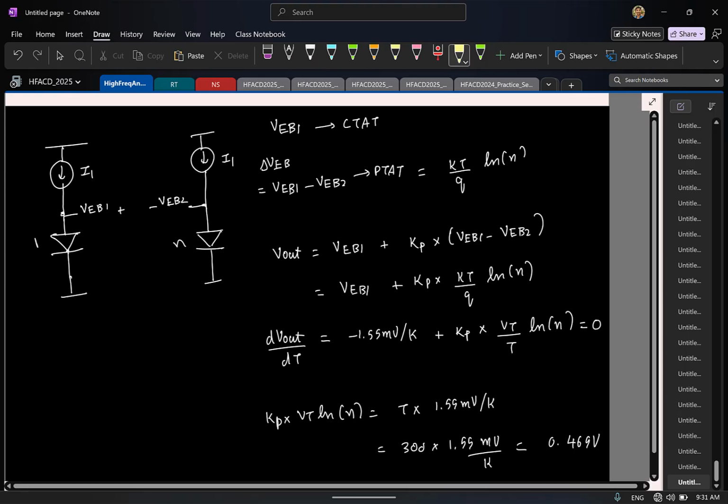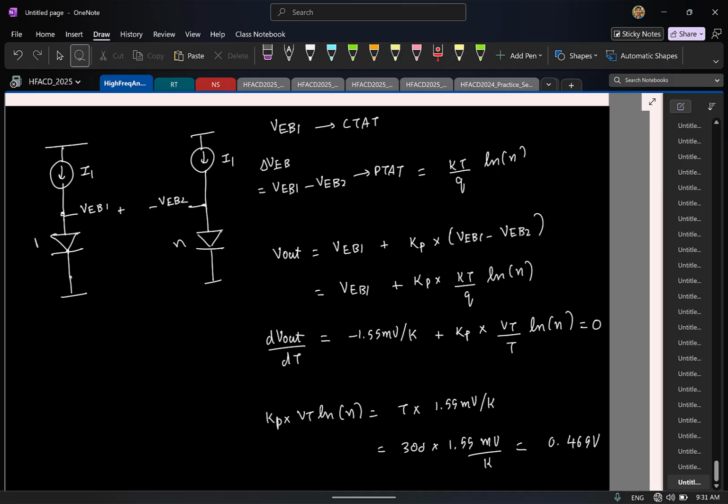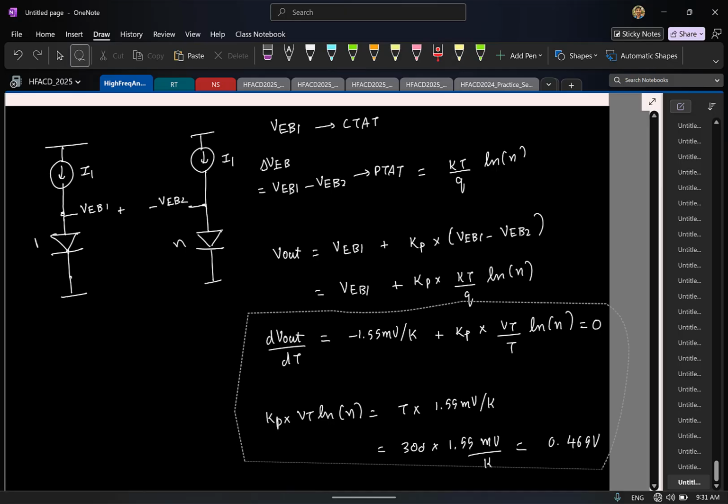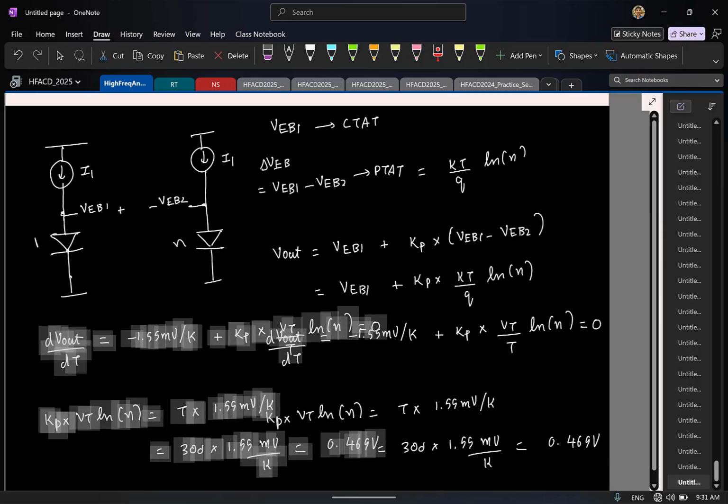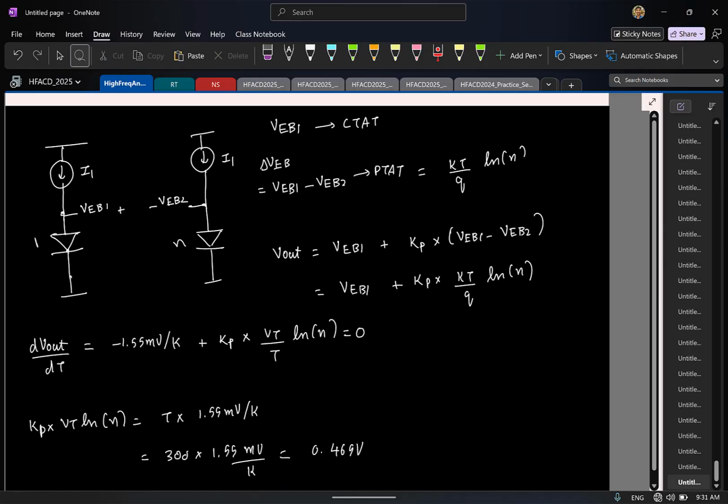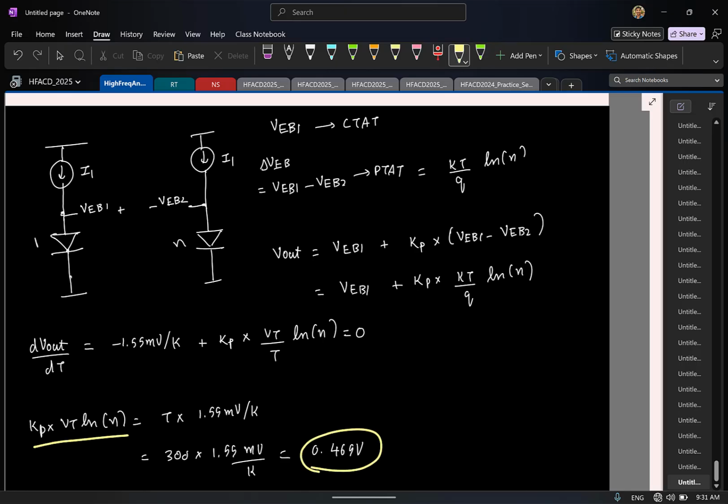So I know this factor now. Kp times Vt ln N is 0.465 volt.